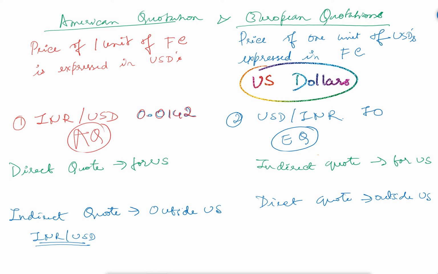But it will be a direct quote for other countries. For USD INR, if you apply the meaning of direct quote and consider INR as the country of residence, INR is in the quote position, foreign currency is in the base position. Therefore, for any other country outside the US, including India, European quotations resemble direct quotations.